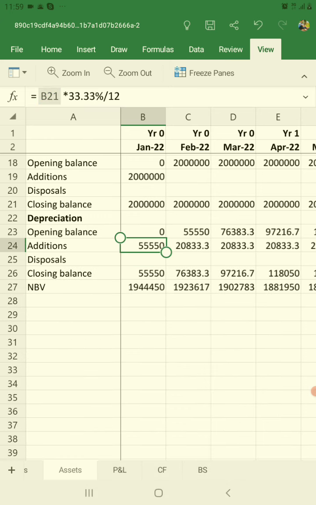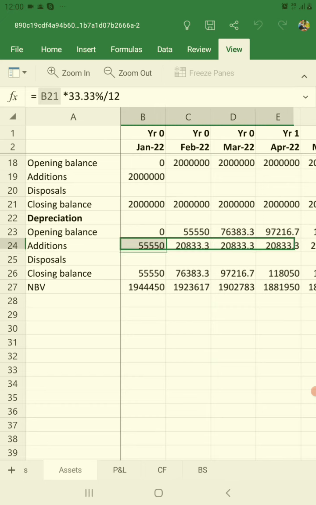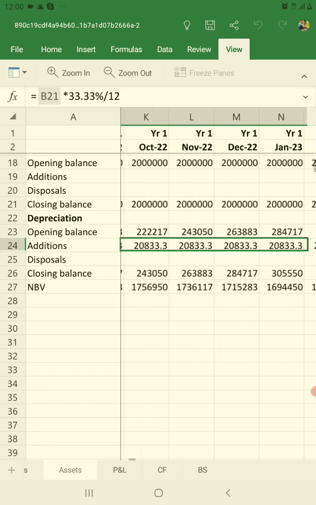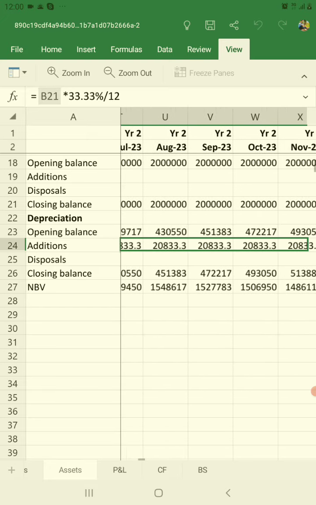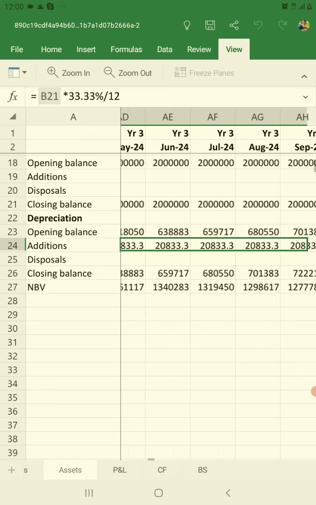Check to accept, tap to fill, so that this formula is applicable throughout the projection period for computers.